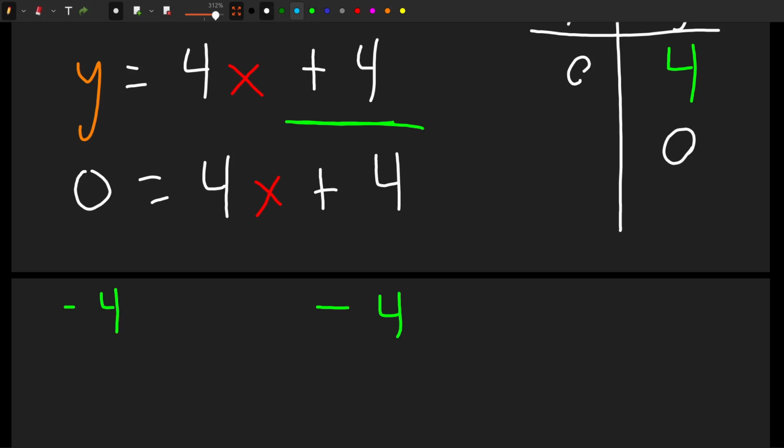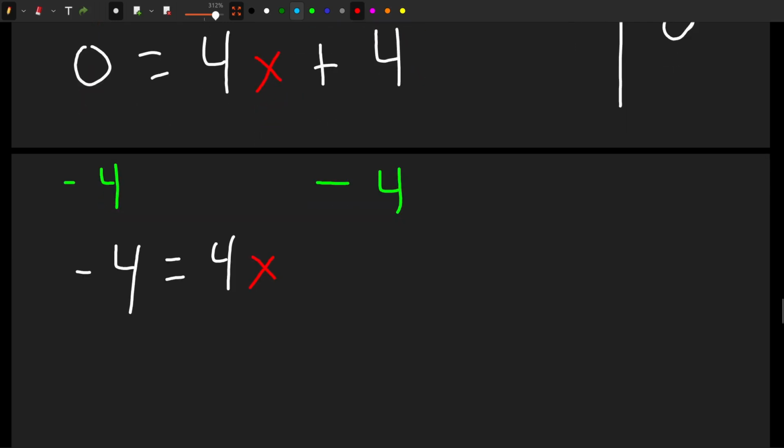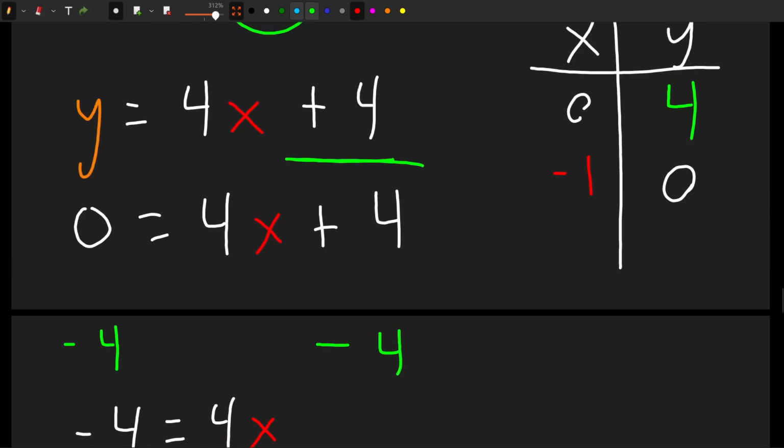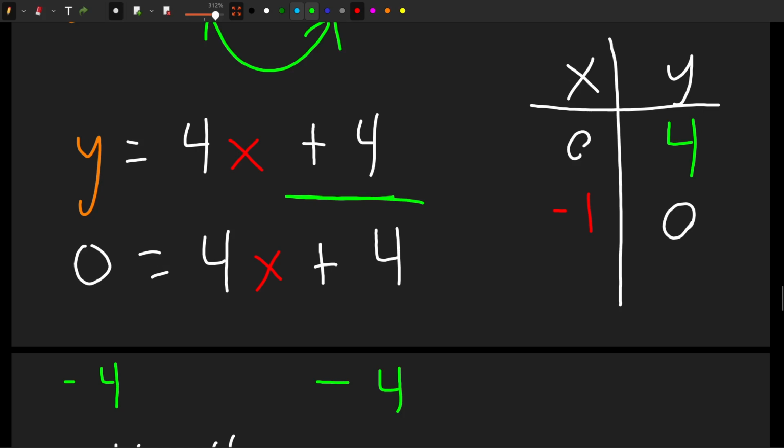I'm going to get negative 4 is now equal to 4x. And then dividing both sides by 4 gets me negative 1 is now equal to x. So my x-intercept is negative 1, 0. My y-intercept is 0, 4.